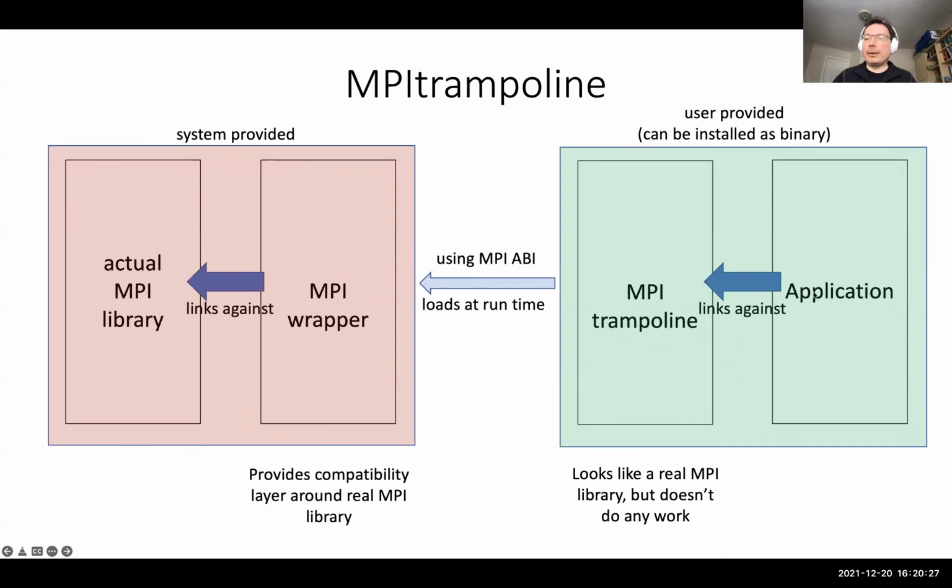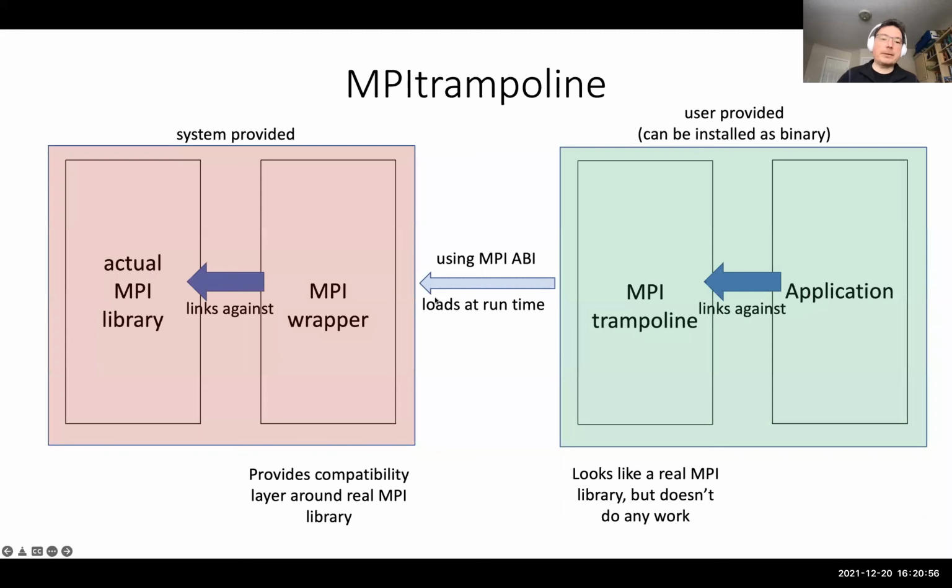So here you have your application, and your application links against MPItrampoline, not against any system MPI. And MPItrampoline looks like a real MPI library, except it's a hollow shell, doesn't have any of the actual capability in there. And the application and MPItrampoline, it all happens on the user side. You can essentially wrap it up as a binary and ship it as a binary to an HPC system.